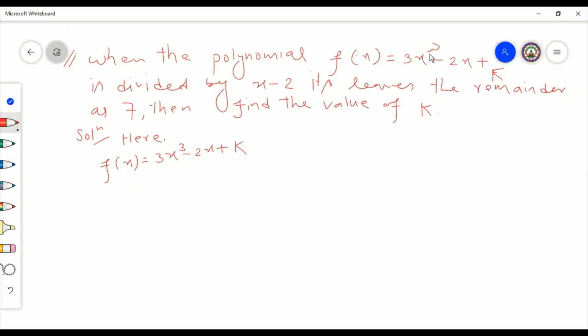Its remainder is given as f(2). So in this case we can use the remainder theorem. For that we can just compare it.